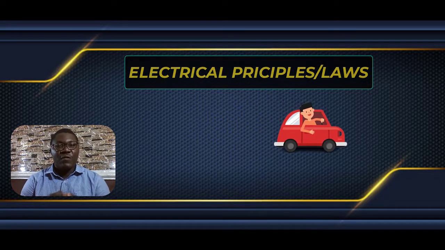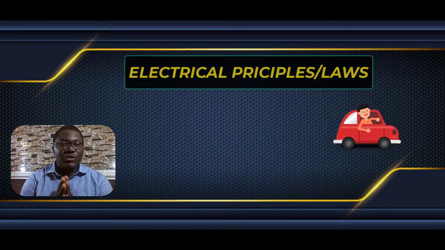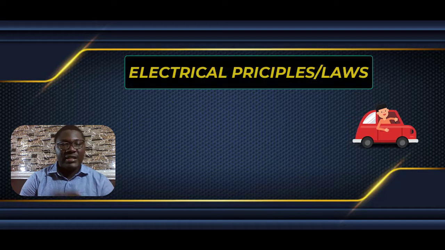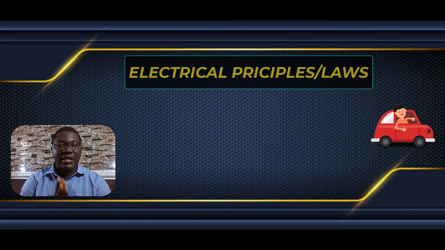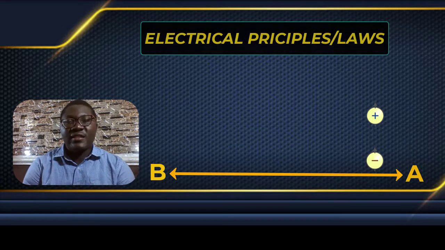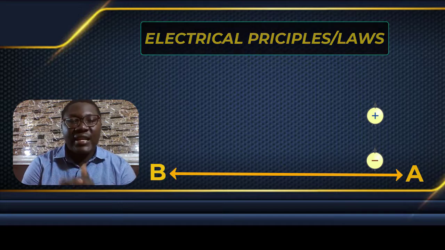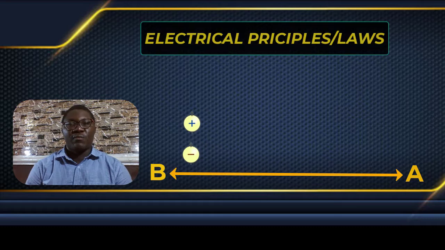We understand that for a car to move, it needs to have petrol, tires, engines, and so many things that enable a car to move. Also, there are many things needed for currents or electric charge to move from a point A to a point B in a circuit. And the things that they need are voltage, resistance, and conductor.